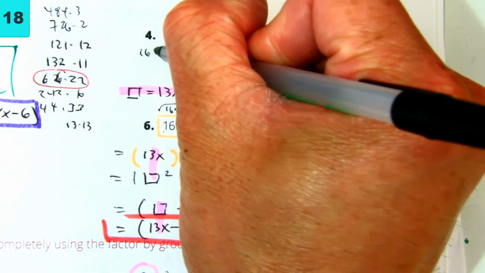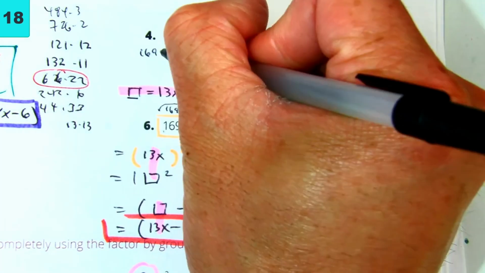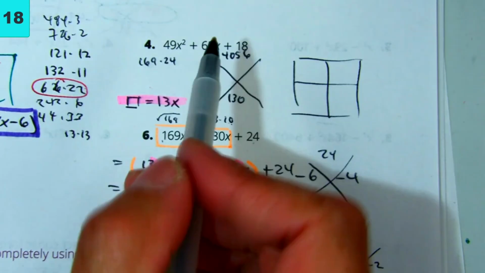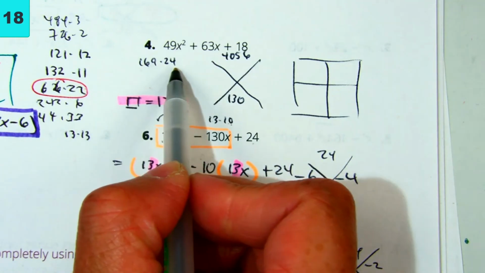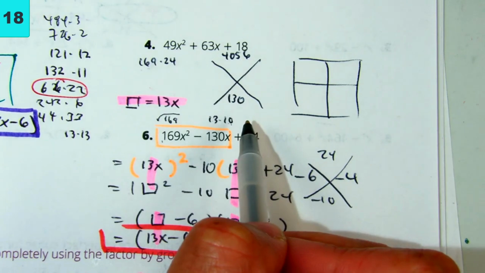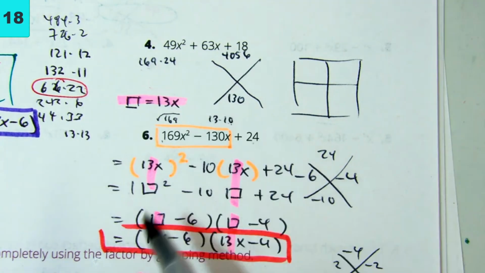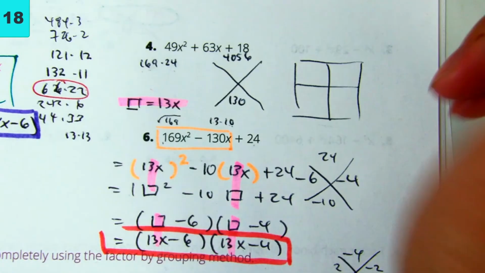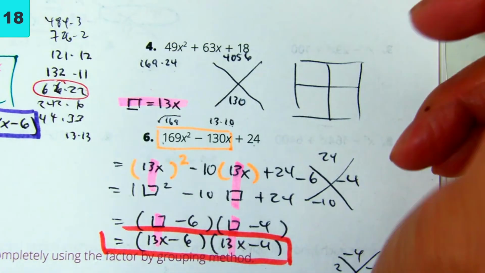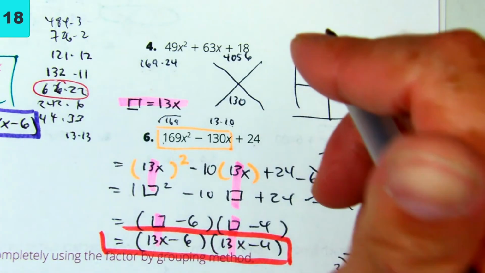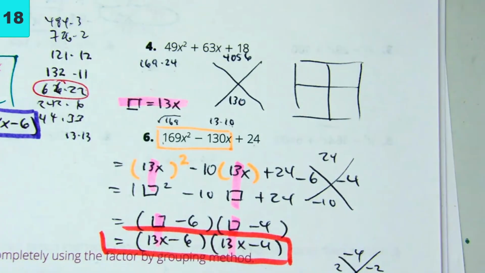I already know what two numbers are. 169 times 24. And if you look at it, if you subtract those, that's actually really close, isn't it? That gives you 145. So really close. So something really close to that. Did anyone find it? 9? I can do that by addition. Anybody find the number? Yes.